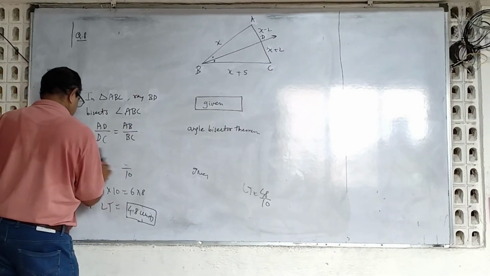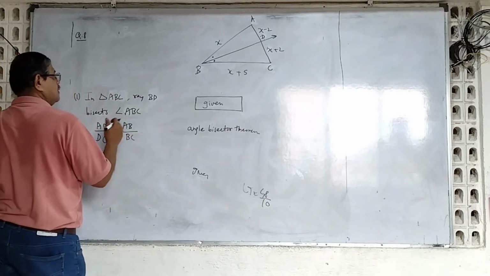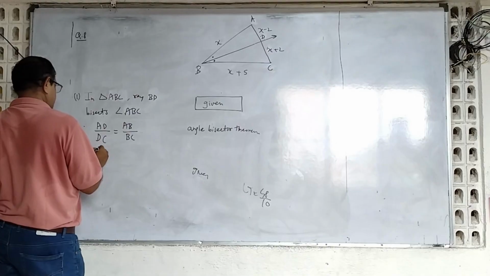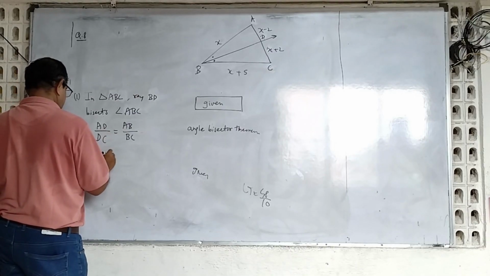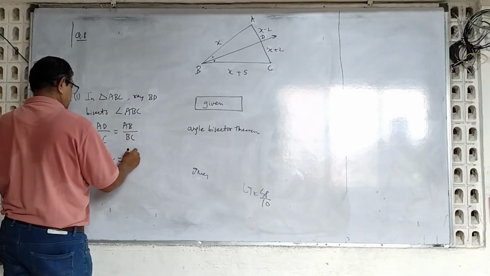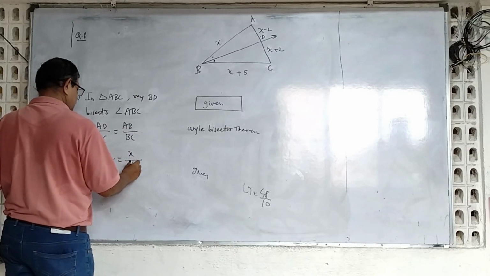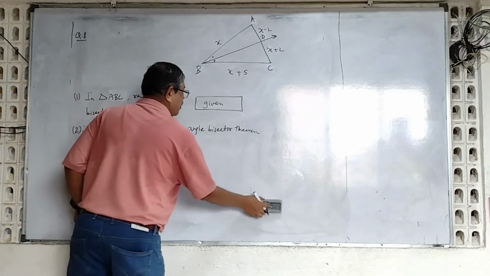Reason, angle bisector theorem. Now you have to substitute the values. What is AD? x minus 2. DC is x plus 2. AB is x and BC is x plus 5. Reason is given. The next step is what?